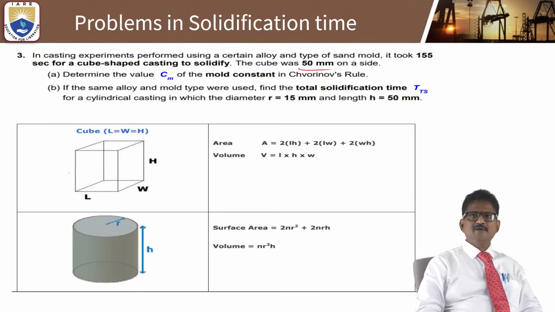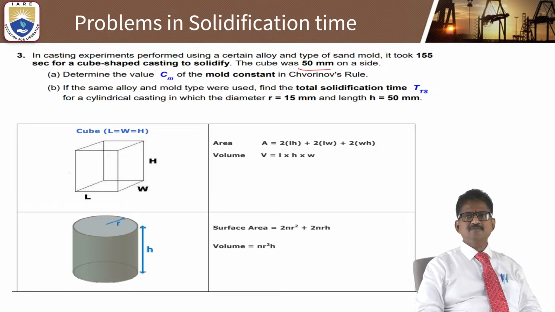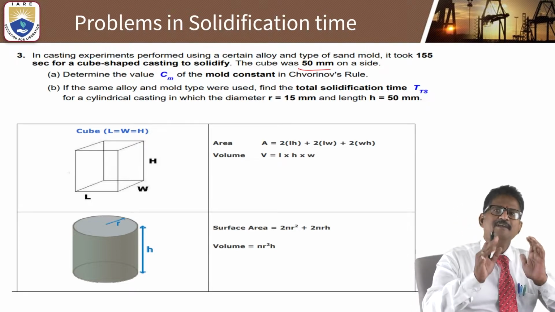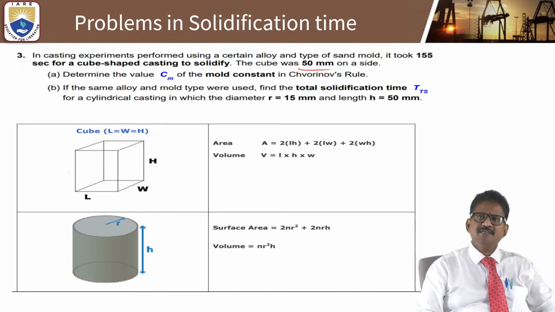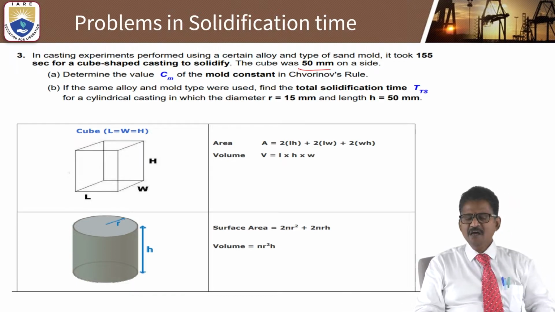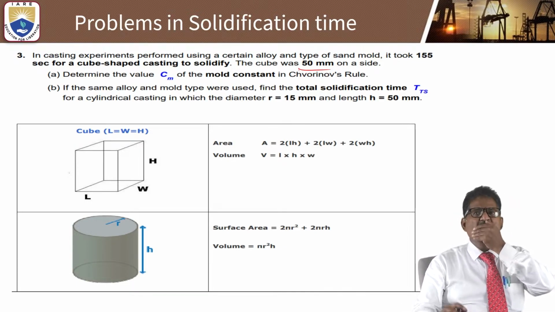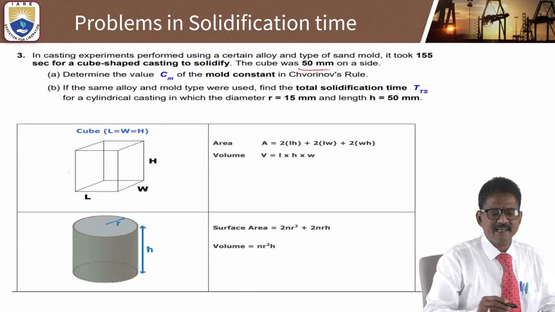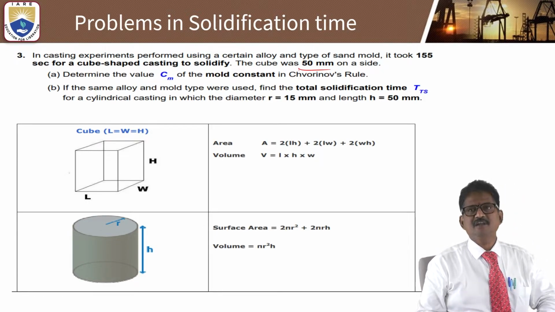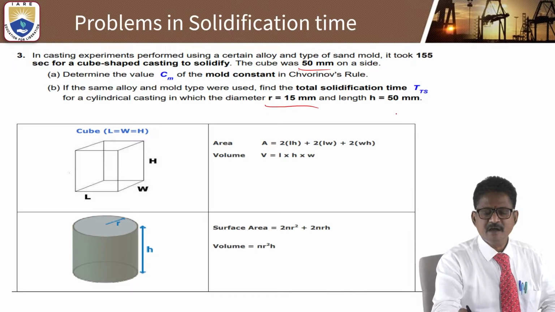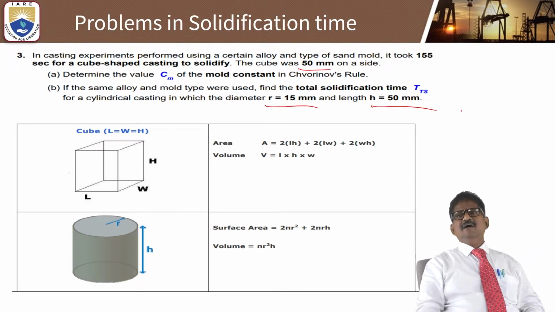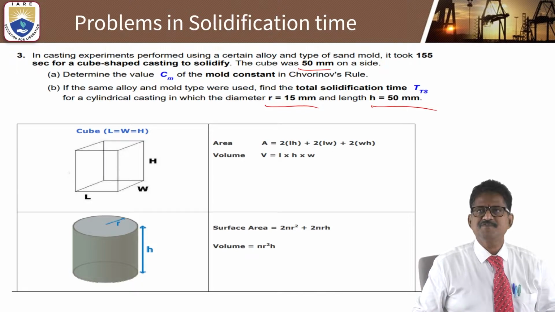Then the second part: if the same alloy and mold type were used, find the total solidification time, TS, for a cylindrical casting in which the diameter is 15 mm and the height is 50 mm.